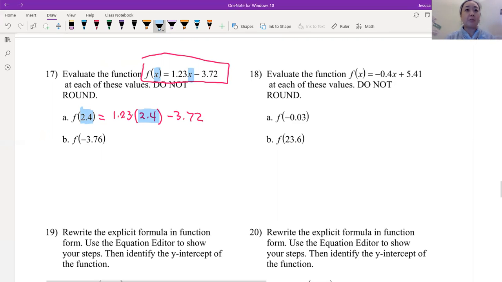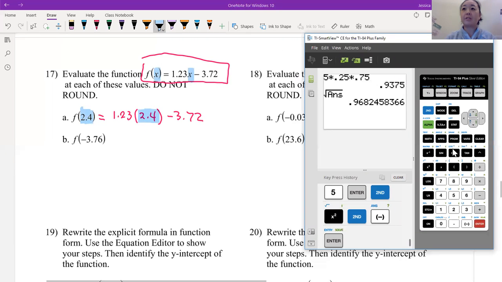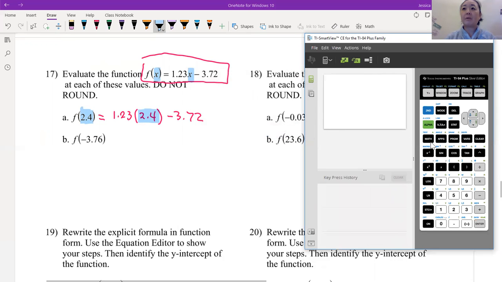So this one, I'm not expecting you to do this by memory or by hand. That's too hard. So if you have Desmos or a calculator, please use that. So I'm going to just put that into my calculator. Let's see. Where's my calculator? Okay, so here's a calculator. I'm going to just clear this up for a different class here. So 1.23.